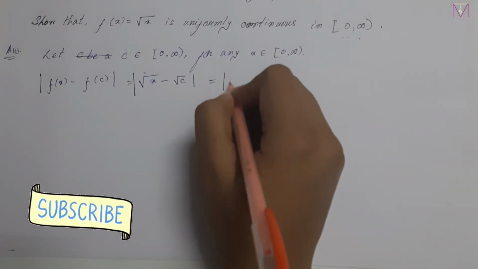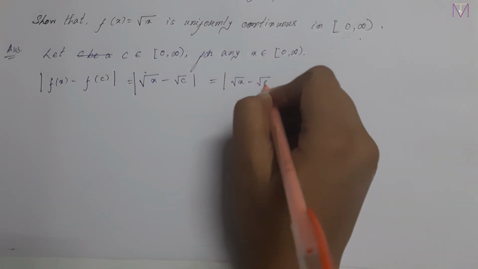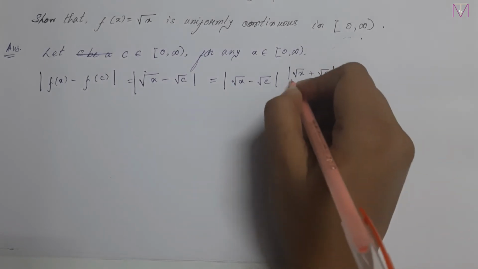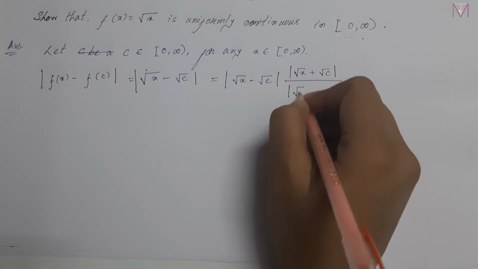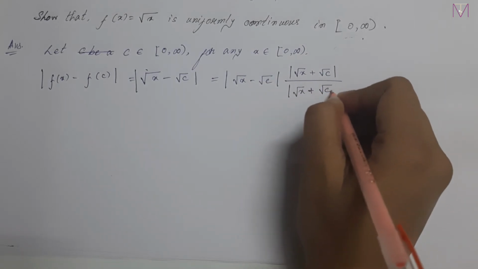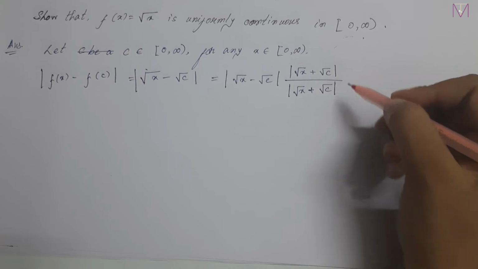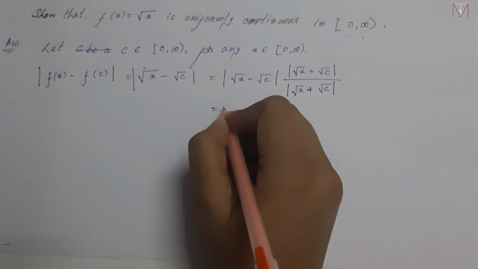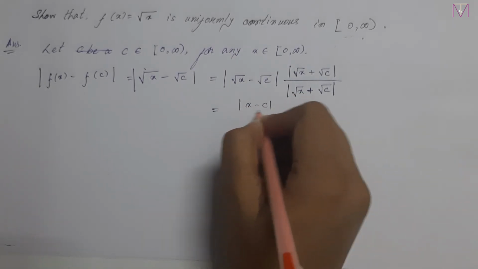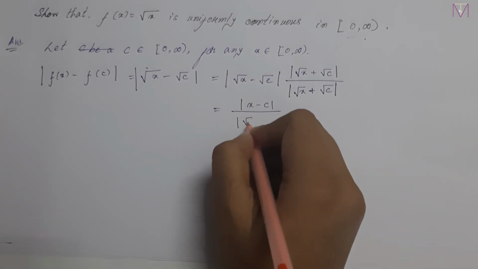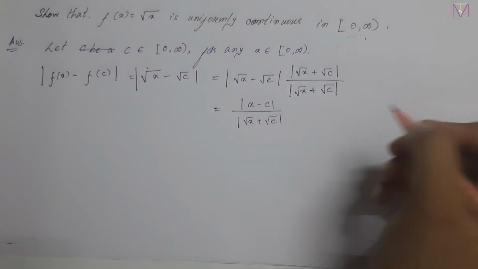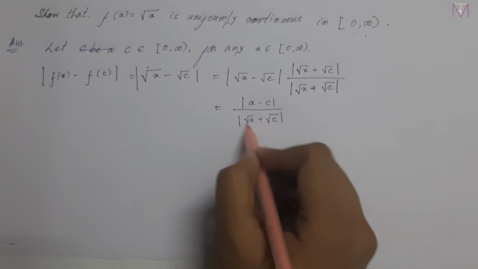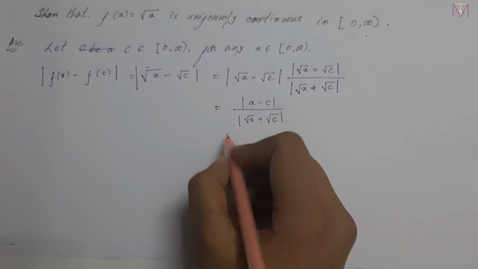Now we have to multiply the numerator and denominator by root x plus root c. So here we can say |x - c| divided by (root x plus root c). Now here this is a part of our concept.